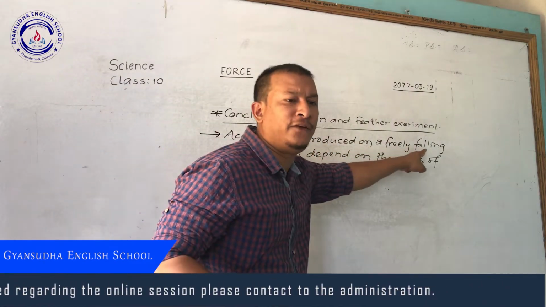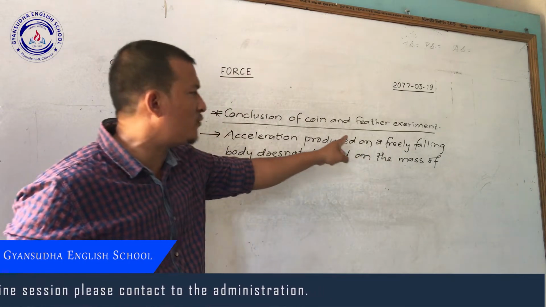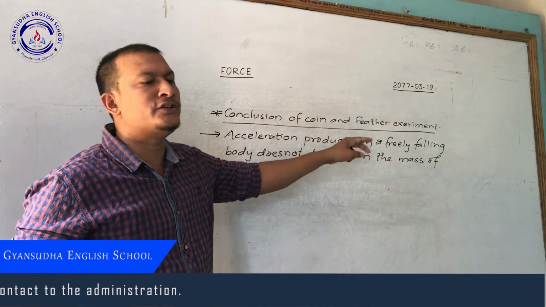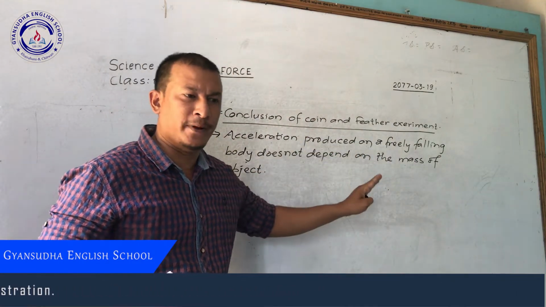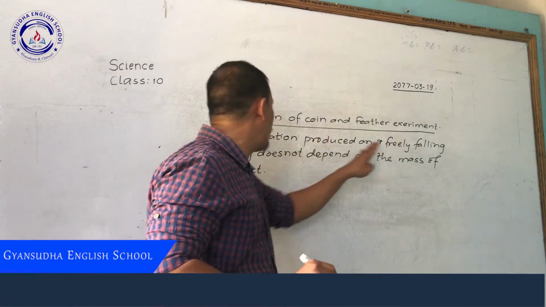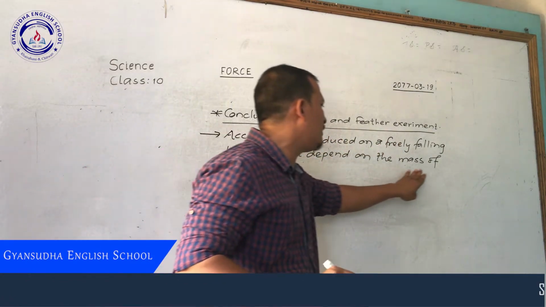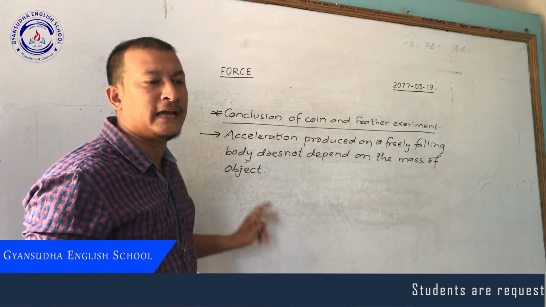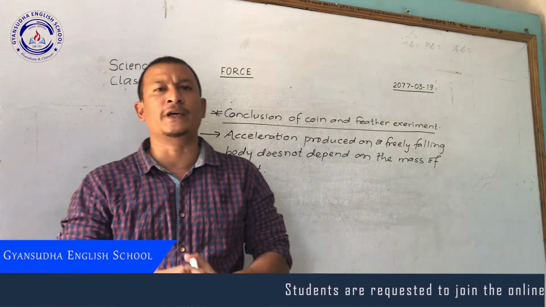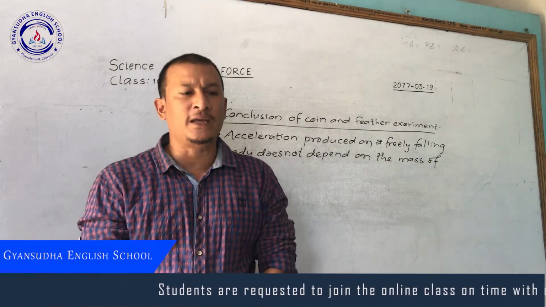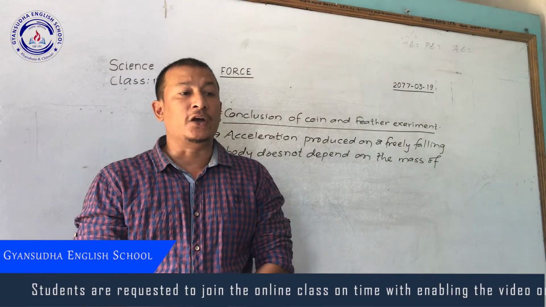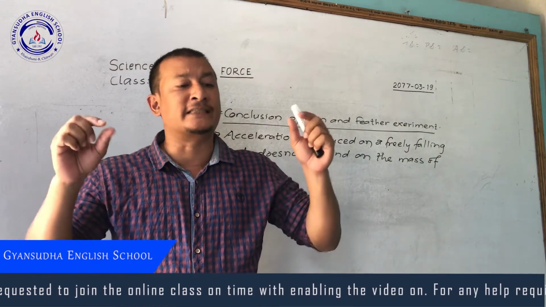Acceleration produced on a freely falling body. Freely falling body means what? That is, there is no air resistance. You have to remember: acceleration produced on a freely falling body does not depend on the mass of the object. That means what you have to conclude is that either the mass is very big or very small, the acceleration of all objects is the same.